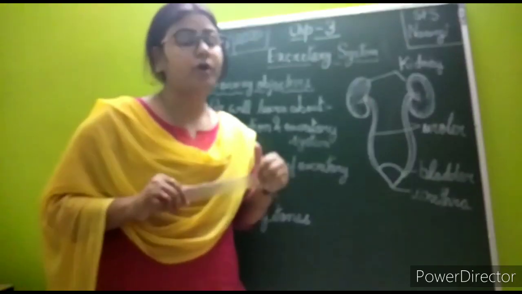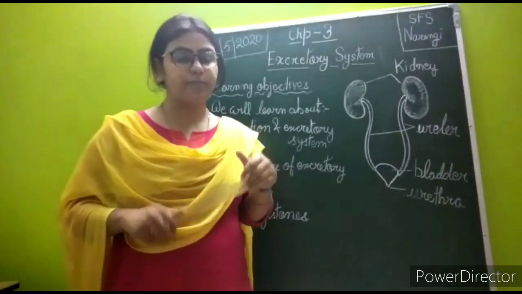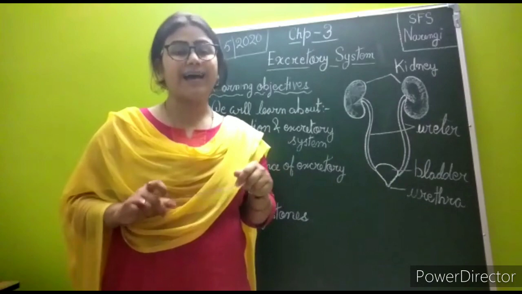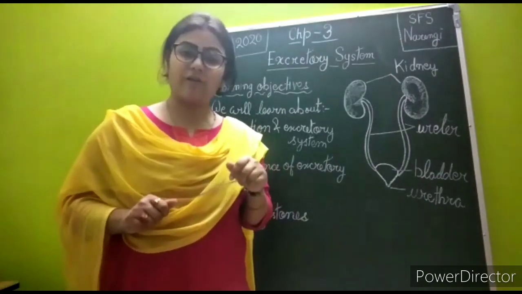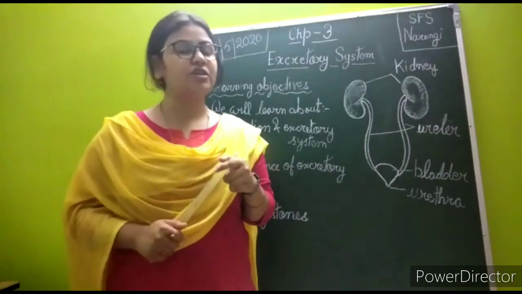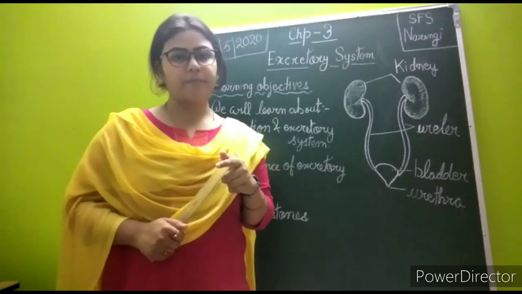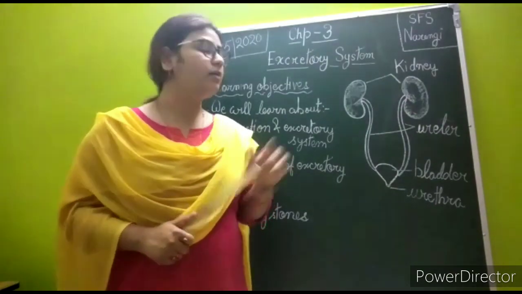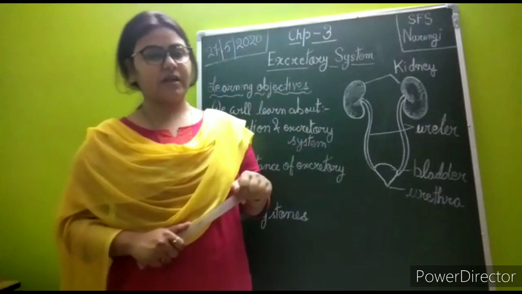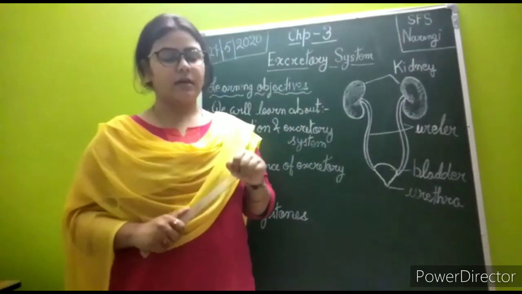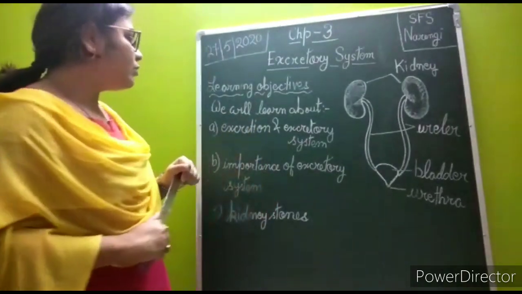And children, I hope you are all maintaining your copies very properly, because as soon as the school opens, you will have to submit them and I am going to check each and every page. So, make sure you are maintaining the copy very properly. Okay. Now, let's move on.